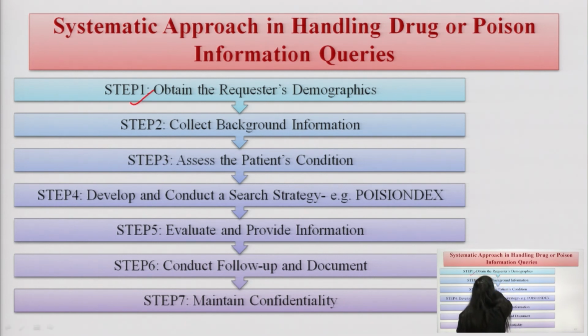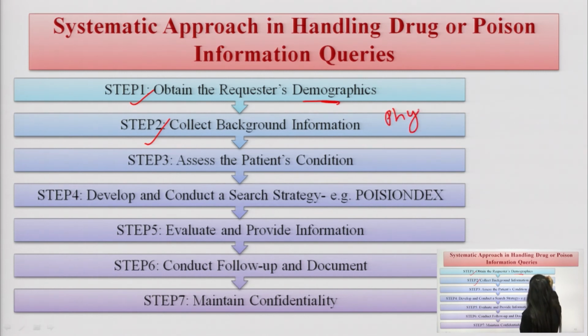First, step number 1, obtain the requester demographics. As everyone cannot understand the medical language, it is very important to take the demography. Whosoever is asking the question, according to the background of the person, they will answer. Step 2, background information. I told you the person asking could be the physician, any layman, or a patient.